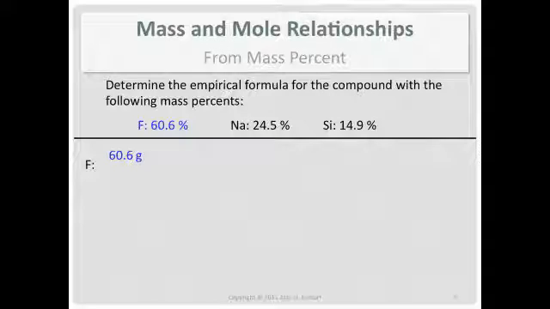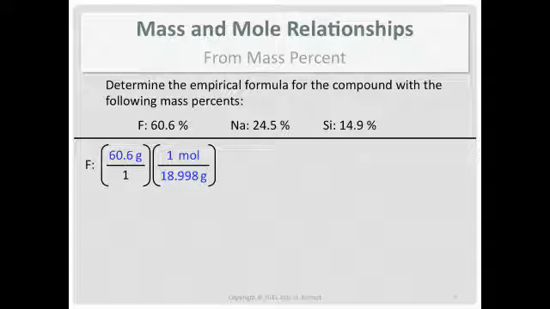Now, even though we chose mass as our sample size, you have to get all of this into moles, because that's how a chemical formula is written. It's all about the moles. So let's convert fluorine to moles using the atomic weight of fluorine, using the molar mass.